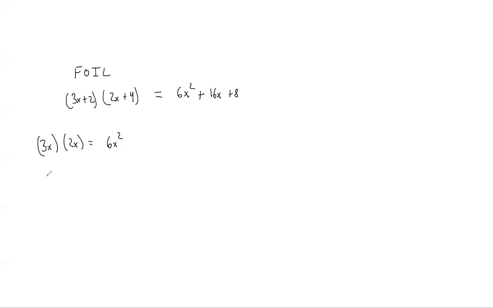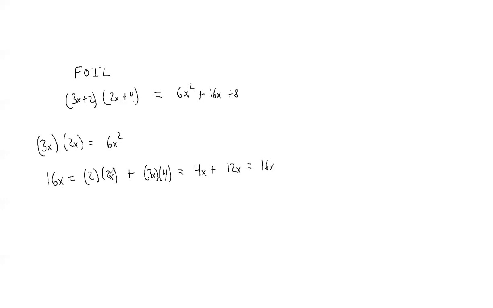Okay, the next term is 16x. The 16x came from the outer and inner parts of FOIL. That is the number 2 times 2x plus 3x times 4. Taking it step by step, that gets to 4x plus 12x, which gives me 16x.